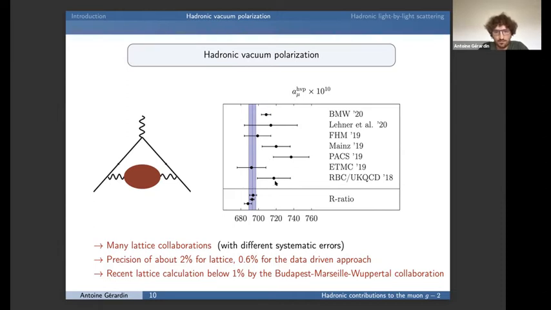You can see that most lattice results tend to lie a bit above the dispersive result, but with relatively large error bars. So there is no big discrepancy between any lattice result and the R-ratio data, except now for the BMW collaboration that published recently this first sub-percent calculation.